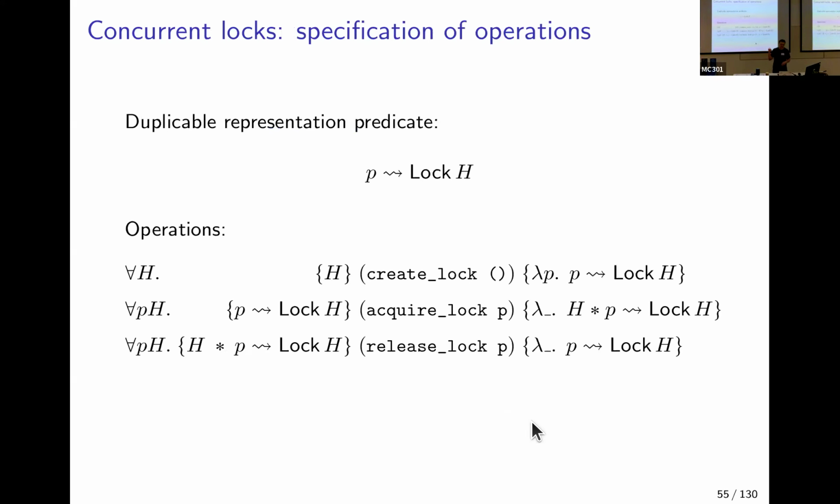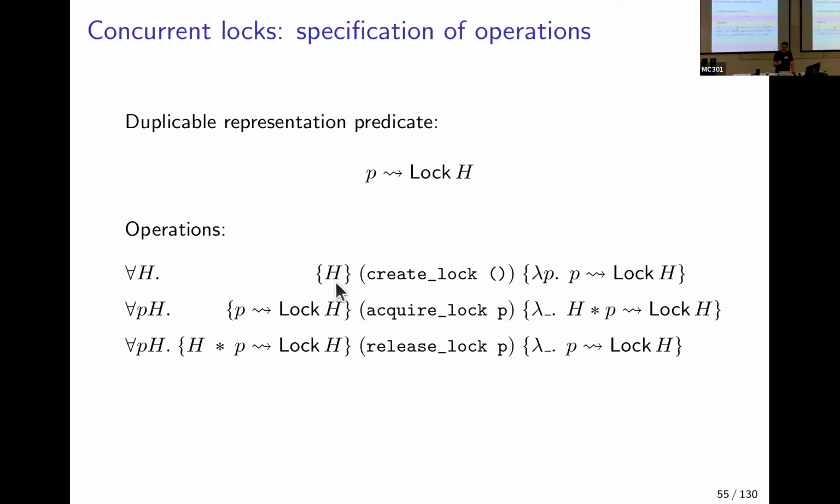So those are the rules for locks. You have this p points to lock of H. It is important that this predicate is duplicable because you need to access it from different parts of the memory, from different parts of the program. And so what are the operations for this?